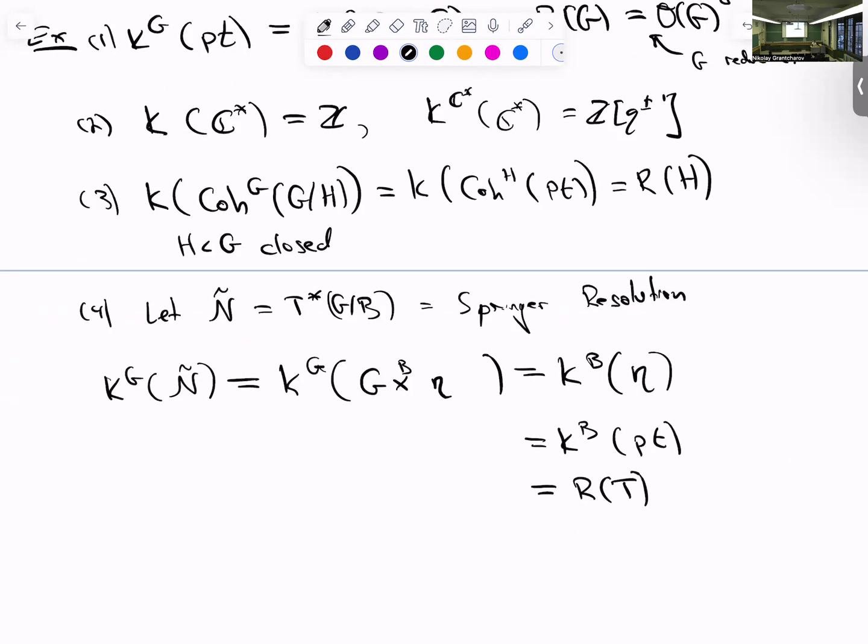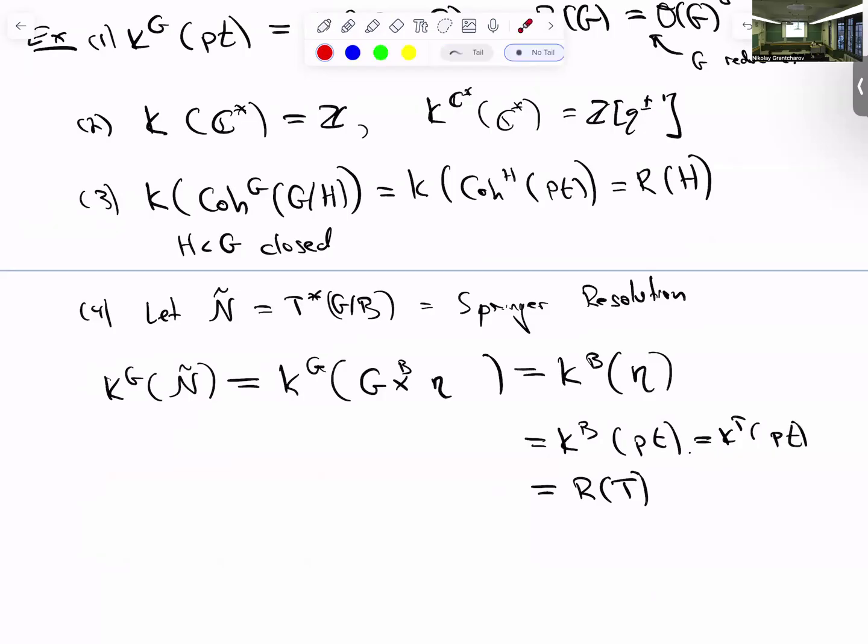In certain cases, we can equip it with a convolution. Second from the last line. Sorry? Second from the last line. Yeah, it's the same thing.